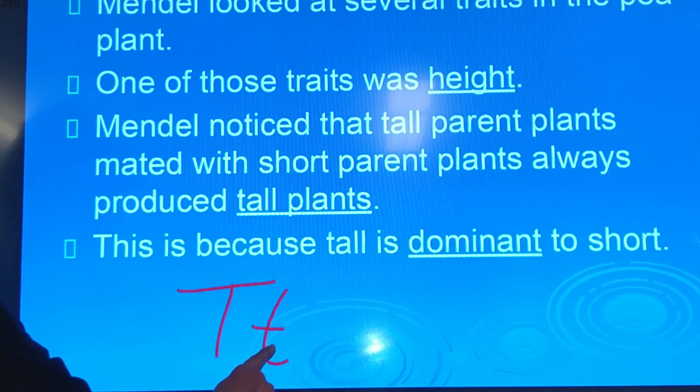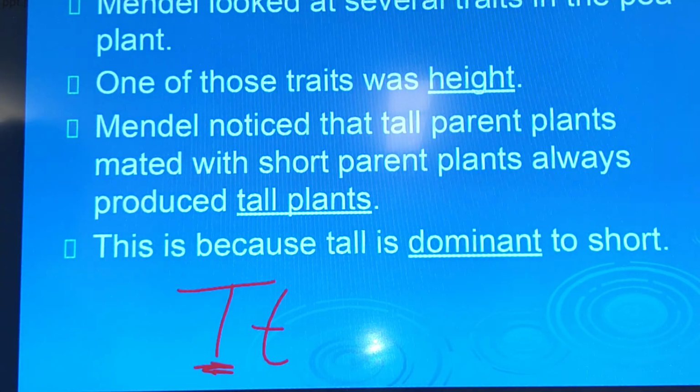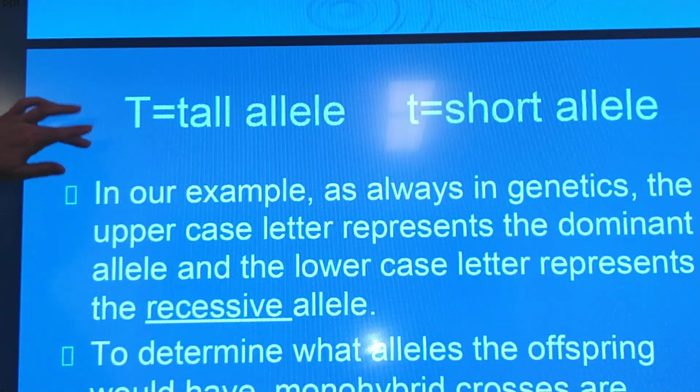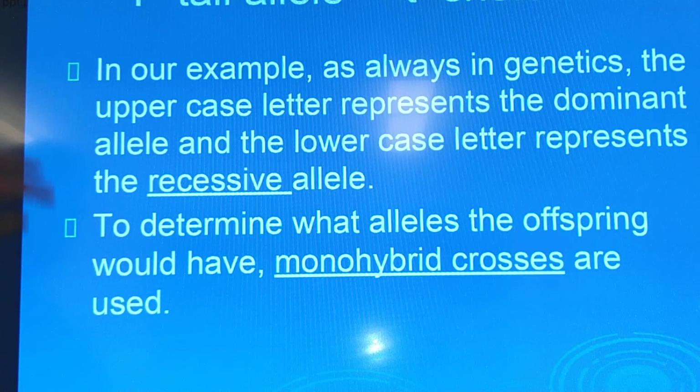If that dominant trait is there, even if the recessive trait's there, that dominant trait will always show up. So big T is tall, little t is short. And the example is always in genetics: the uppercase letter represents the dominant allele, the lowercase represents the recessive allele.